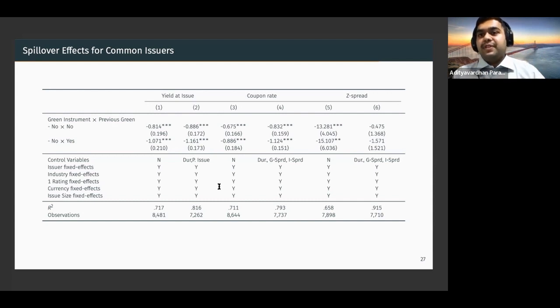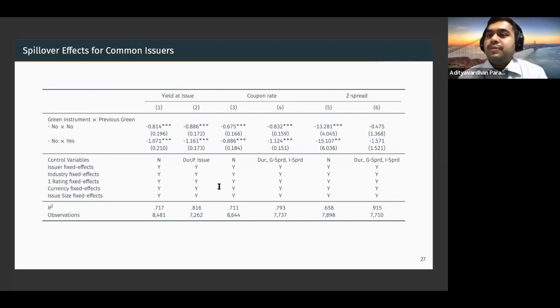That is a premium differential. So the difference between like minus 0.1 and minus 0.8, that is the additional differential negative premium or the spillover effect on normal bonds by issuing a green bond.